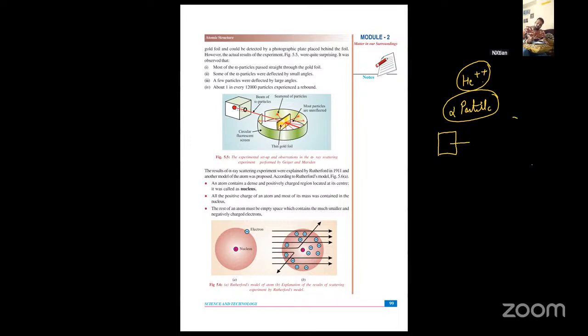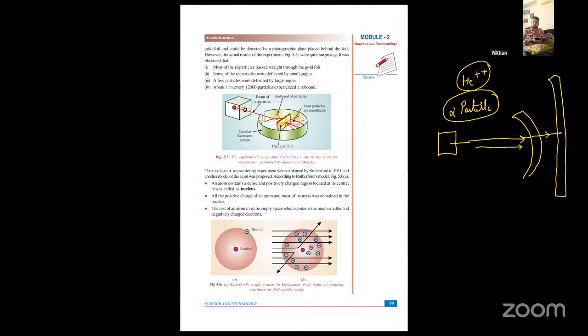And with the alpha particles, he took a thin gold foil and bombarded it, and he found some results. Normally the alpha particle should go and pass directly through the gold foil. But when the alpha particle hit the gold foil, there was some deflection, some deviation, with a small angle.